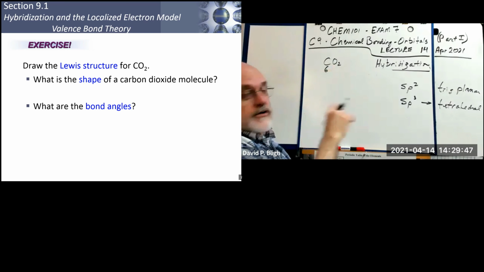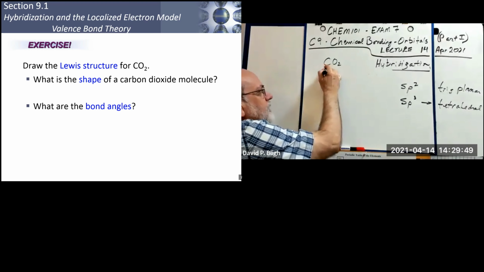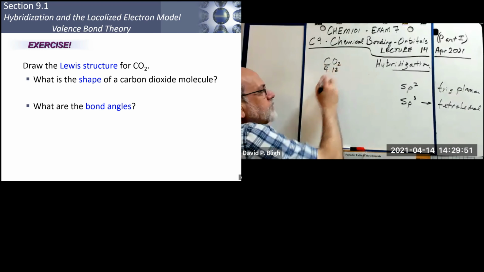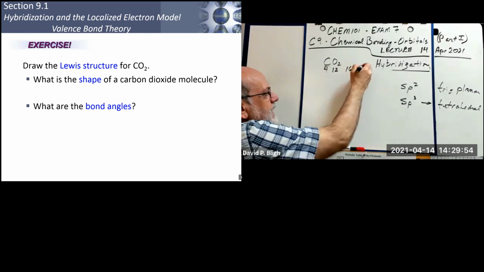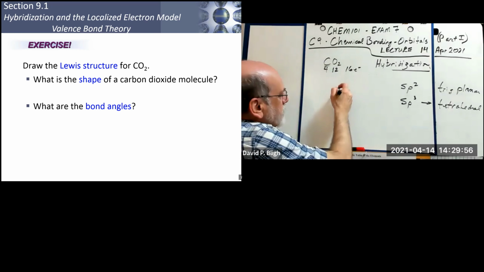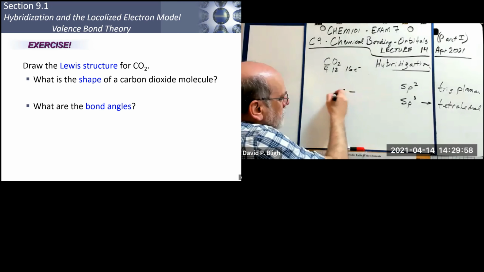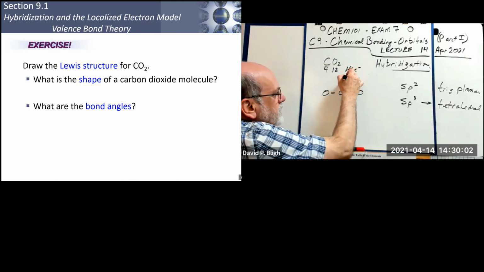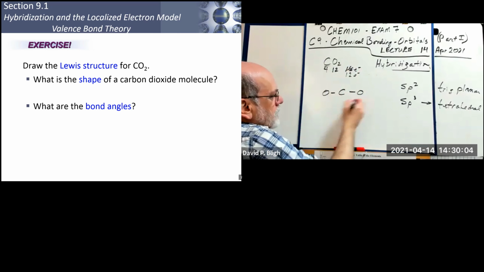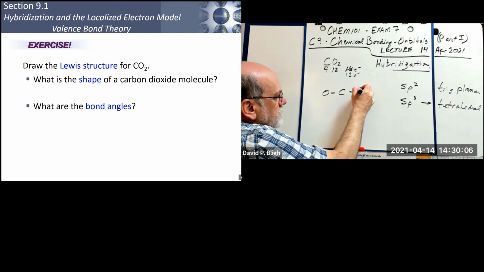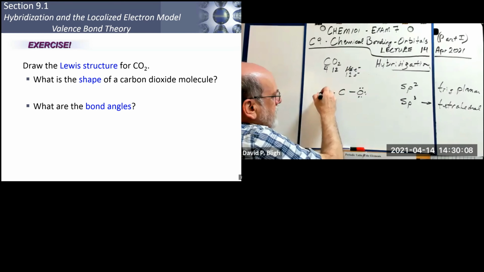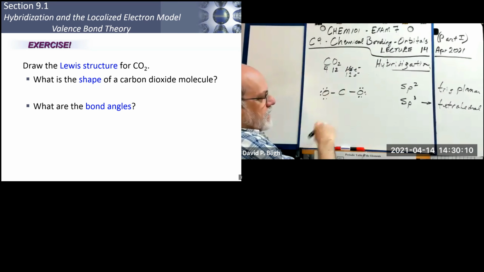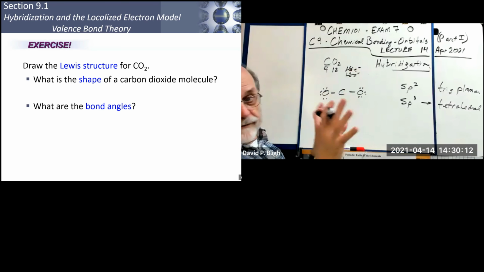Oxygen has 6, so it has 12 total, which means 16 electrons. Now we can put the carbon in the middle, oxygen, oxygen. So that's 4 from that one would be 12. So we have like that, and like that. So that's 12 electrons. We're done.